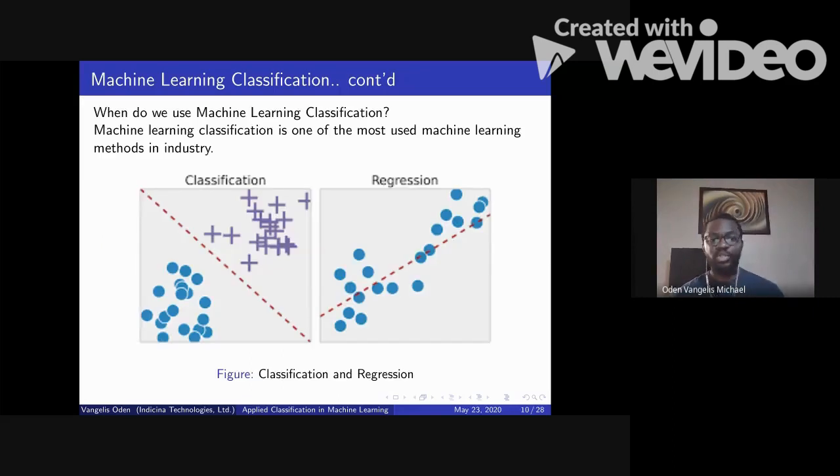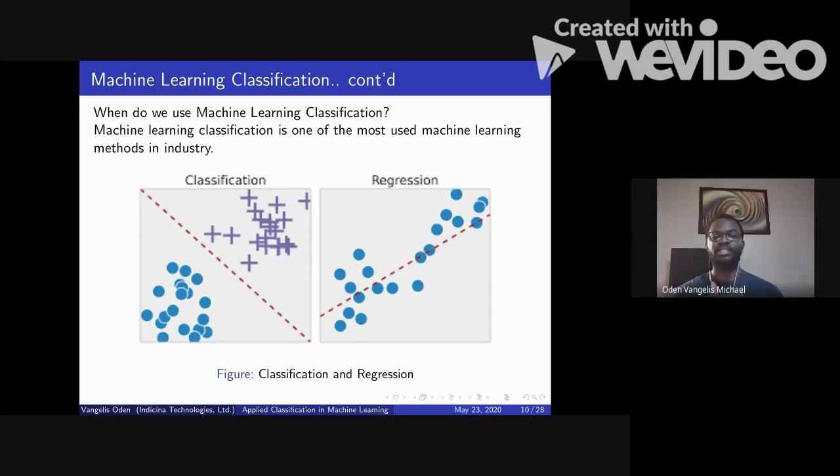So when do we use machine learning classification, right? Machine learning classification is one of the most used methods in industry. And I'm sure you might have, but even if you haven't, you may get to see regression.